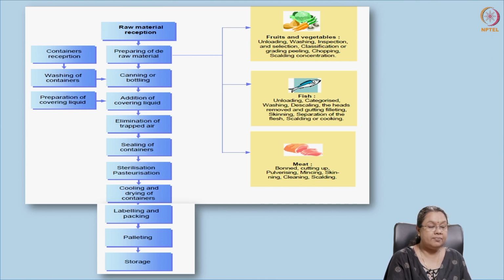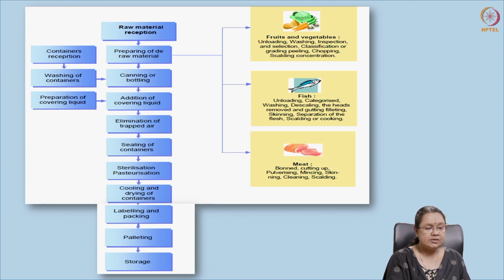This step is very important because mainly we are concentrating on killing the bacteria during sterilization or pasteurization. So cooling gives a cold shock, and thereby the microbes do not grow. After cooling, it is dried again and then labeled, palletized or stacked and then stored for a period of time, during which it is checked that no microbes are growing, and only after that it is marketed.